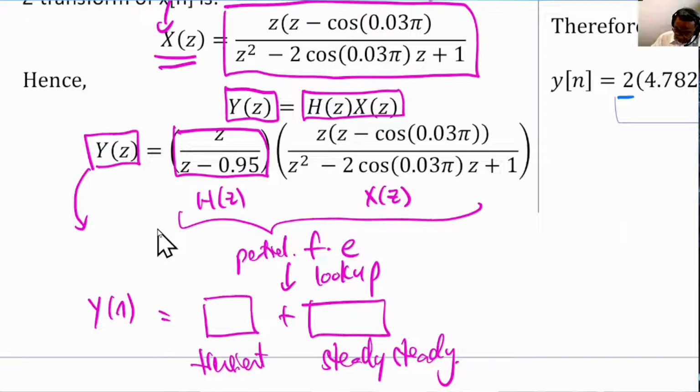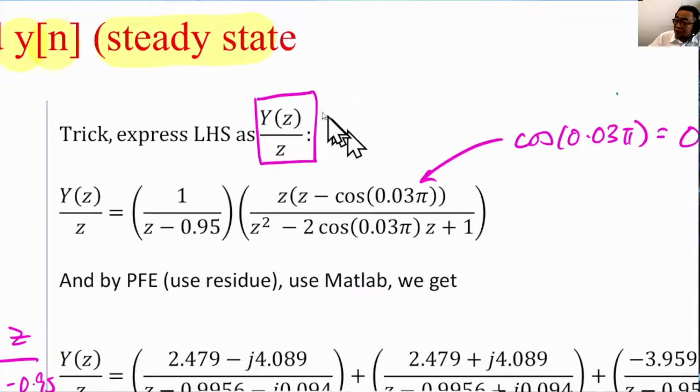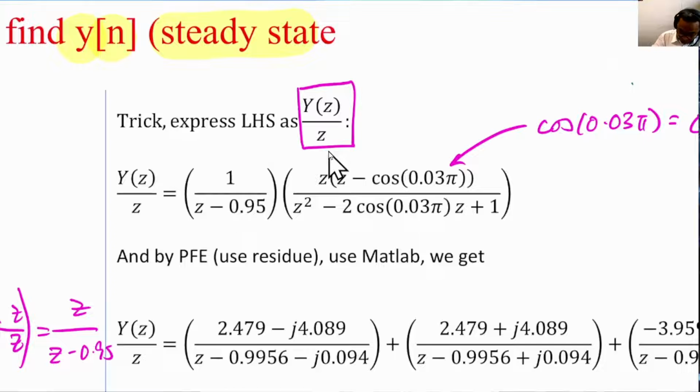Alright, it is non-trivial to do partial fraction expansion because here we are operating with a very complicated expression. The other thing to take note of is that because we are playing with positive powers of z, the trick is to express the left hand side as Y(z) over z first. Notice that this z came from here originally.